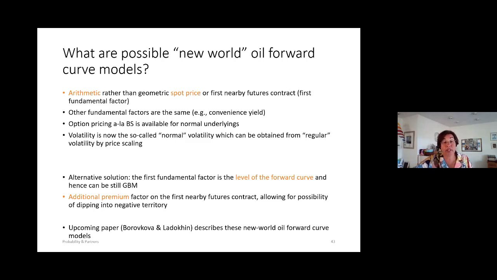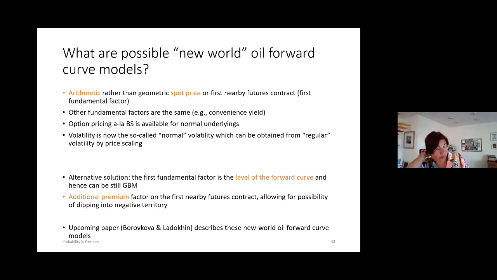In that way, the model is disturbed in a minimum fashion, and yet negative values can spontaneously take place, and that first contract can be related to the demand shock or to the level of inventories or the cost of storing the oil.